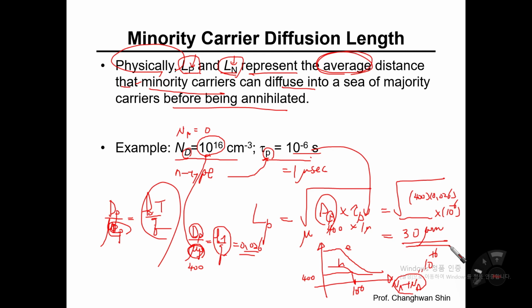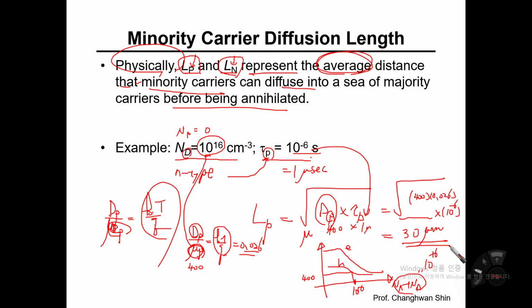Okay, so remember this number, and that would be a good reference for you to design your own device in a company. So when you have a job at maybe Samsung Foundry or Samsung Memory Division or SK Hynix Memory, and your boss asks you, hey, this area is doped with 10 to the 16, and let's use a typical lifetime of minority carriers, then how far can the minority carriers diffuse in this specific region?